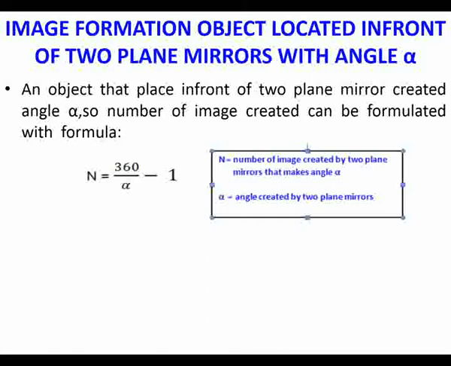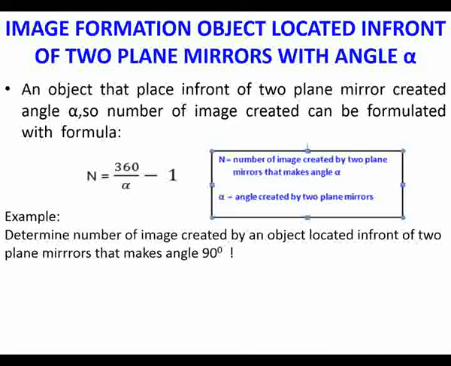The number of images created can be formulated with the formula n equals 360 per alpha minus 1. N is the symbol for the number of images created by two plane mirrors that make angle alpha, and alpha is the angle created by the two plane mirrors.